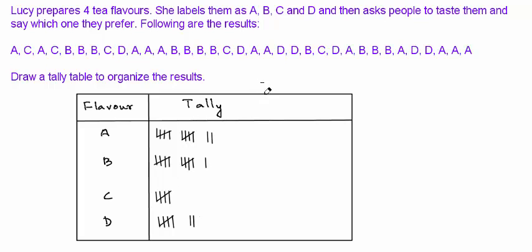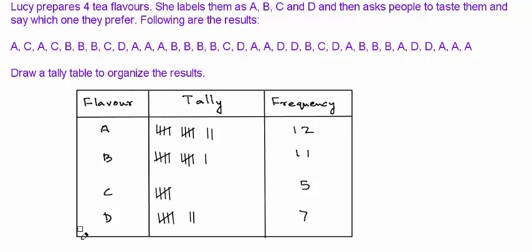And you could also add a frequency column to this table. That's the frequency. And frequency just means the total count. So we have 12 for A, 11 for B, 5 for C, and 7 for D. And then you could have a total row right at the bottom.